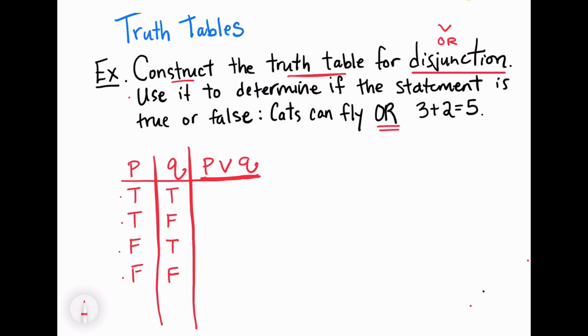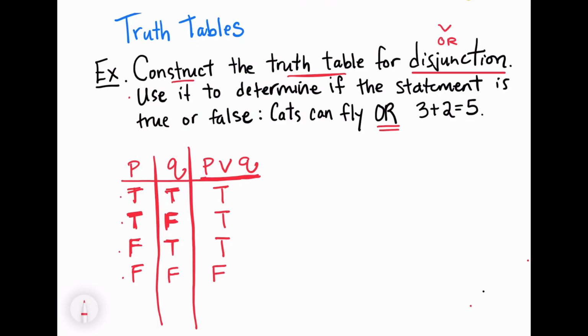So if P and Q are both true, then the disjunction is true. If P is true but Q is false, it's still true. We just need one of them. And if P is false and Q is true, the disjunction is true. However, if they're both false statements, then the disjunction is considered false.